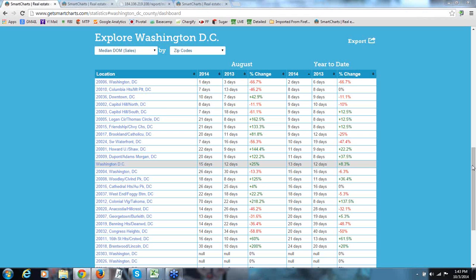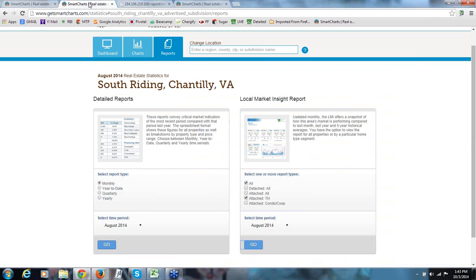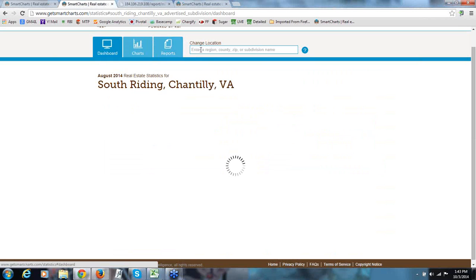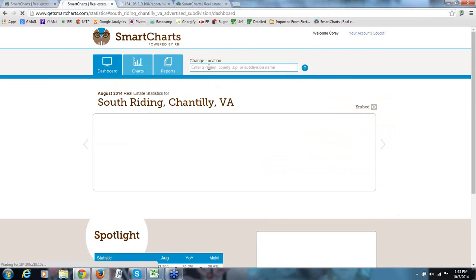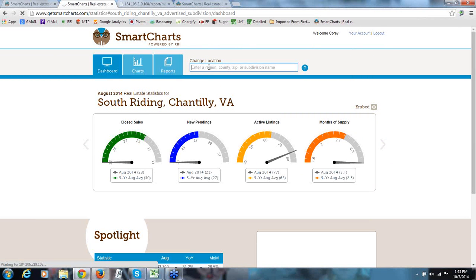What tab is this view under? Market activity. The way I got to that, the default display, being a South Riding resident, I can see sales are at a 5-year low, listings are, I just think this is a very important thing to use. But anyway, the default is going to be dashboard.